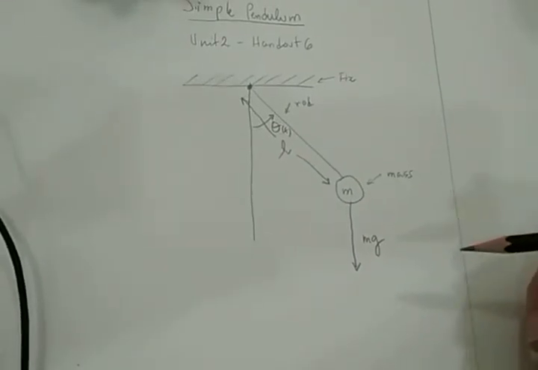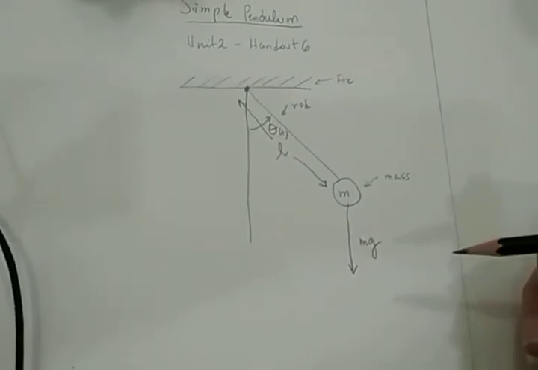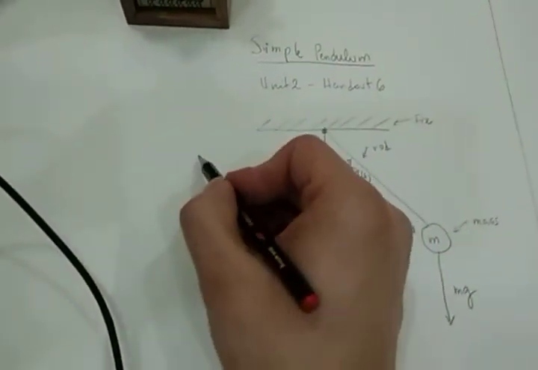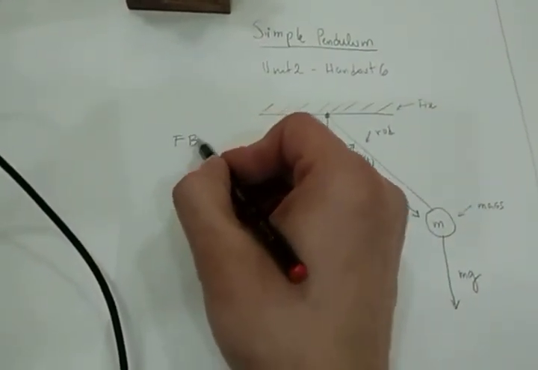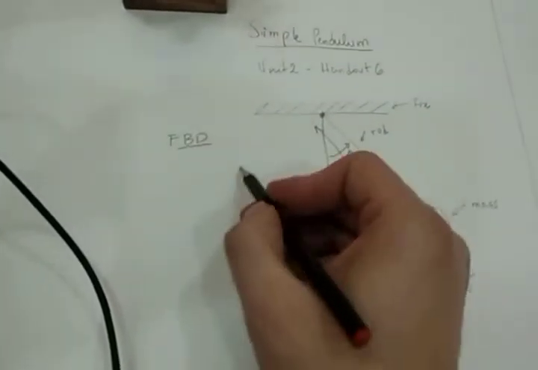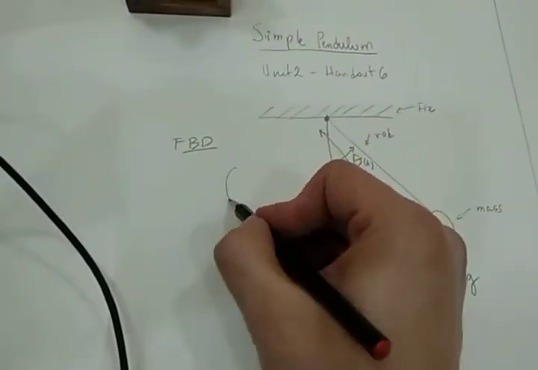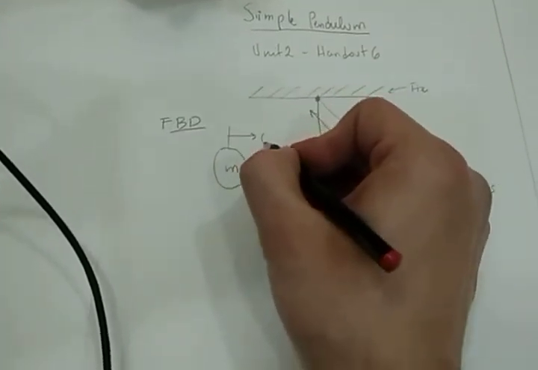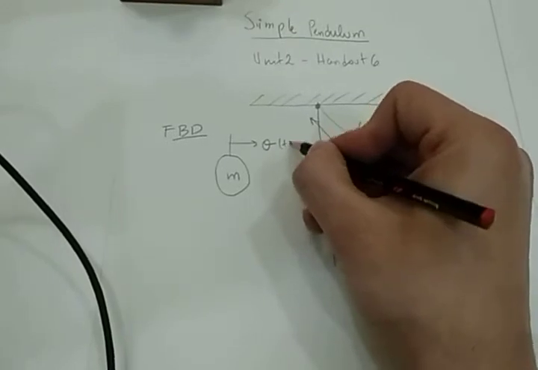So in these conditions, let's try to write the free body diagram for this system. Assume that we have m here, and this is the positive direction of theta.